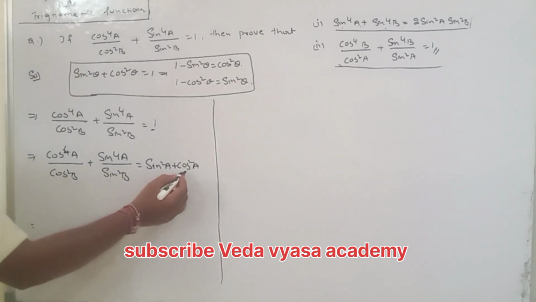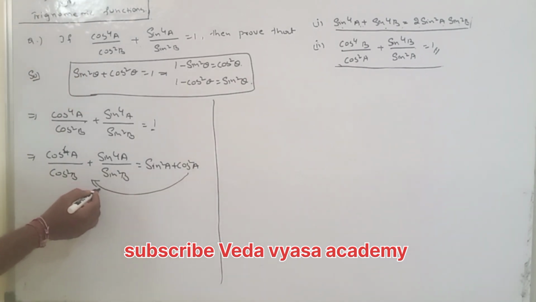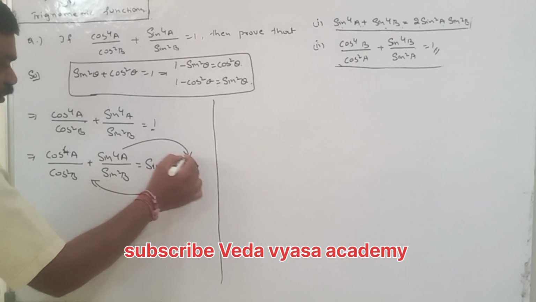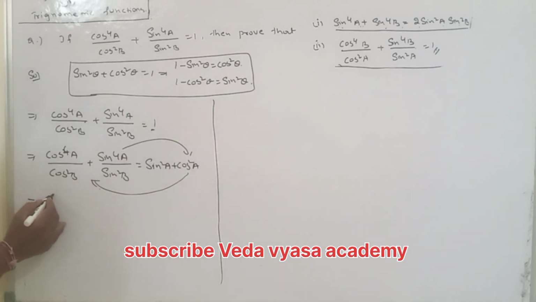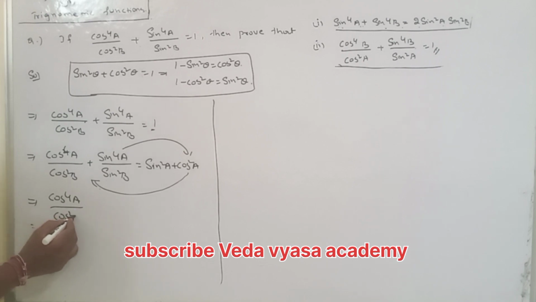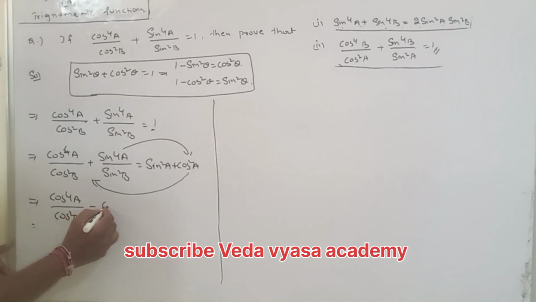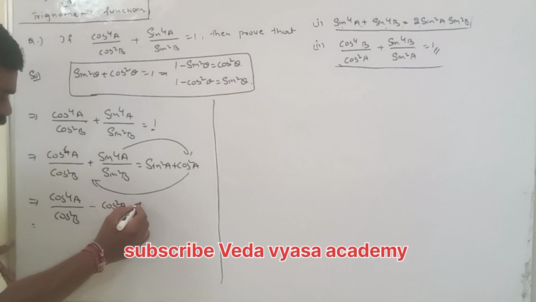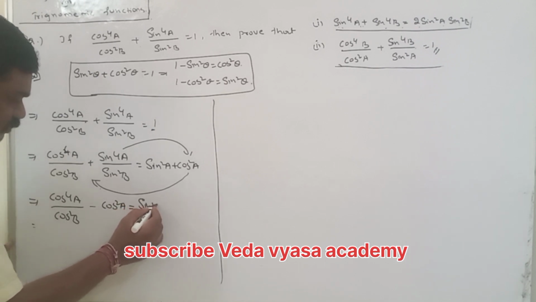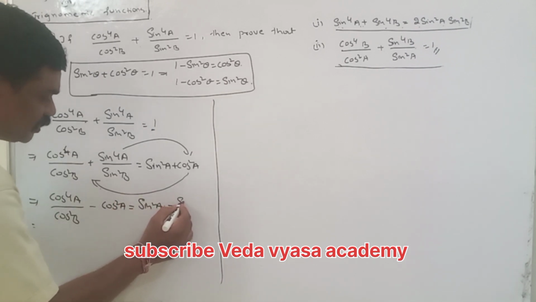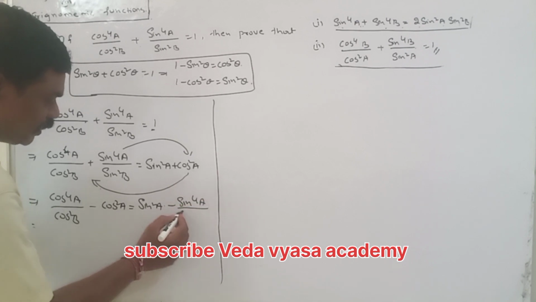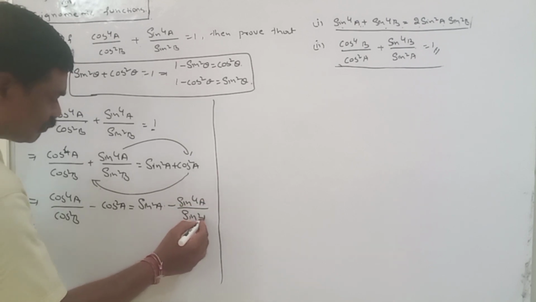But you can take cos²A to this side and sin²A to that side. Then we have cos⁴A/cos²B − cos²A = sin²A − sin⁴A/sin²B.